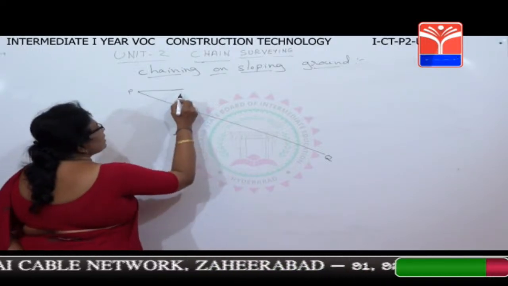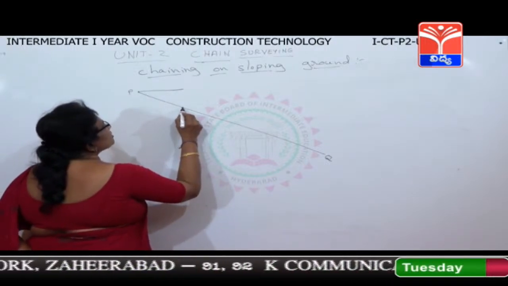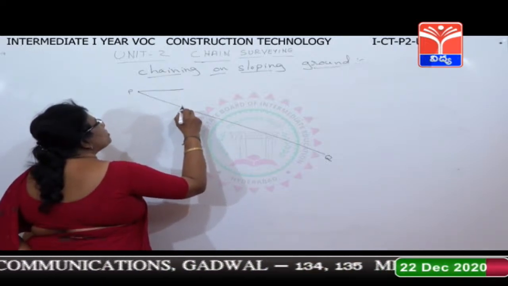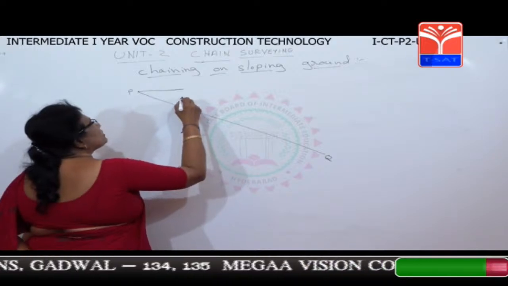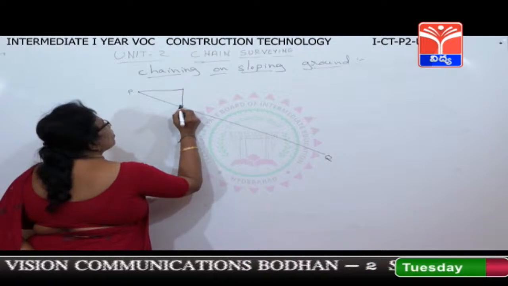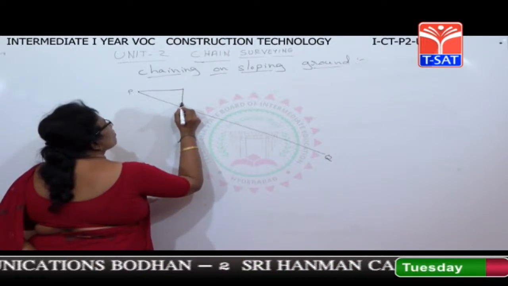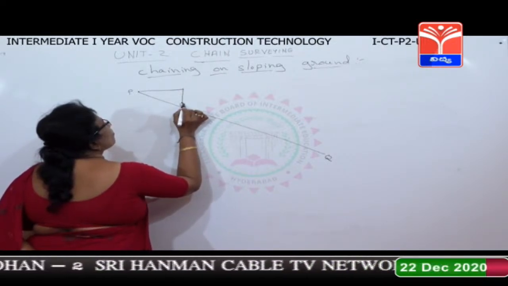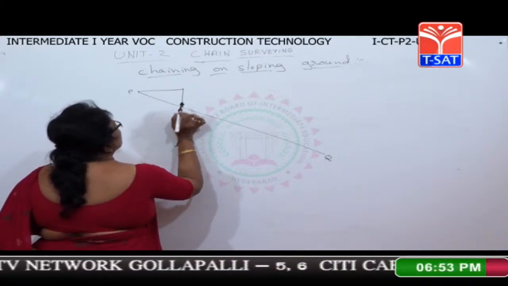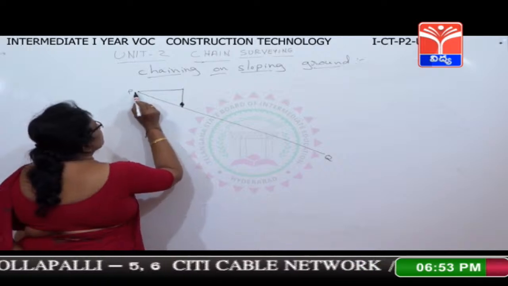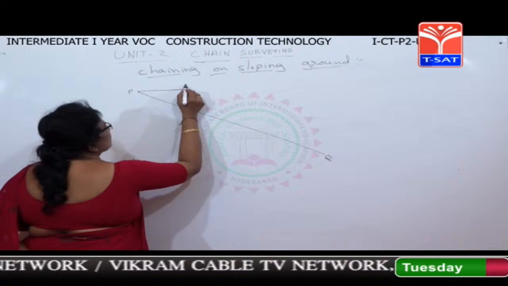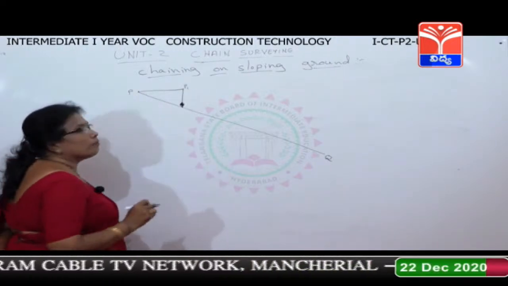Here you will place one plumb bob. I told you, a plumb bob is used while measuring slope distances. So this is a plumb bob. Now, this is P and say this is P1.